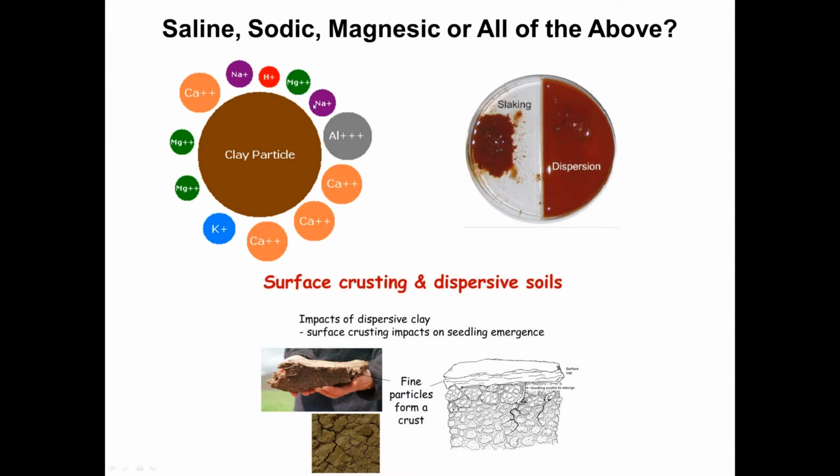The problem with the use of the terminology of sodicity is that although sodium is the main element that causes that dispersion and that problem on sodic soils, if you have quite a lot of the other cations, such as potassium or even magnesium, instead of having enough calcium in that soil, you will still see some effect of those other cations in causing the soil to become sodic or magnesic or dispersive.